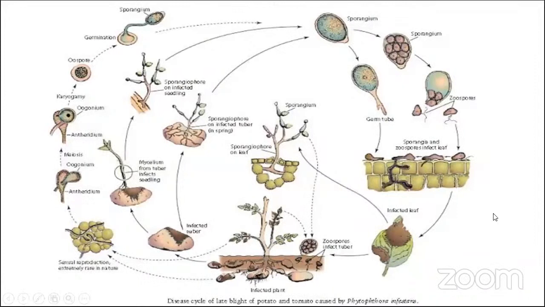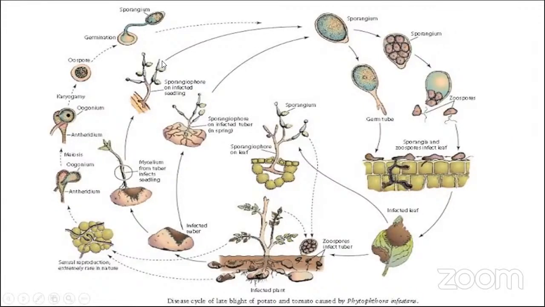Now we can see the disease cycle of the late blight. The spores get overwintering in the infected tubers, and the mycelium from the tuber infects the seedling. These are the sporangiophores on the infected seedling, and these sporangiophores are bearing the sporangia.